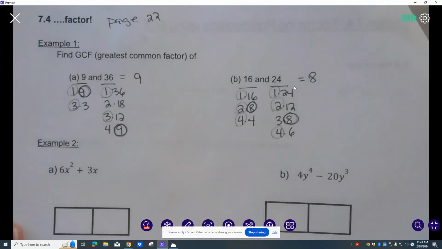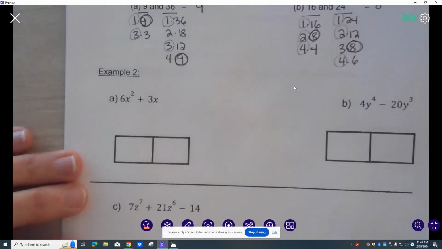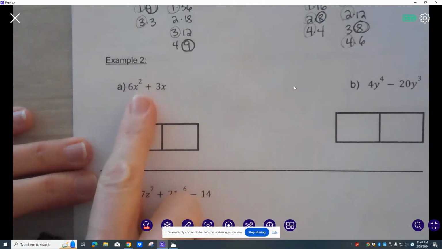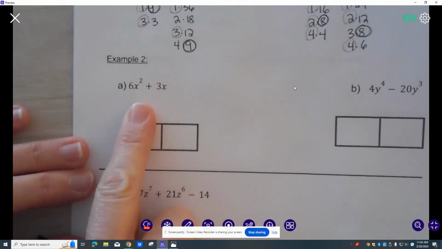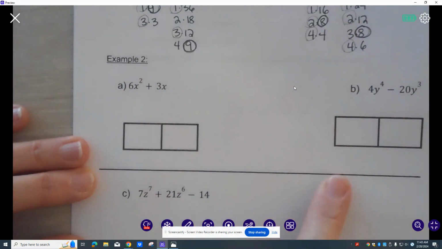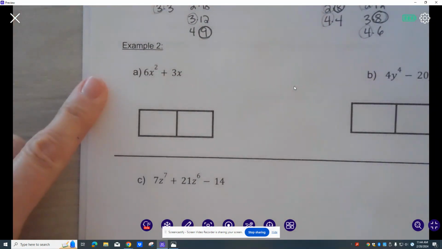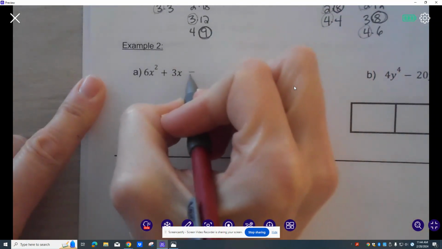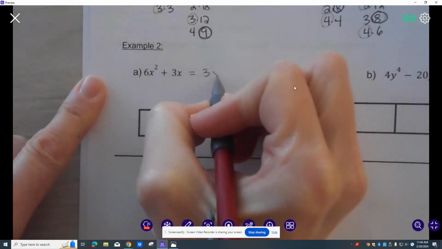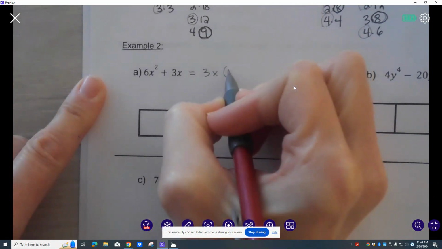All right, now let's see how we're going to use that in a problem. I'm going to do example 2, part A. I will probably do parts B and C in another video. So for part A, I am factoring this. I'm going to start by showing you what your answer is going to look like, and then I'm going to show you how we get it.